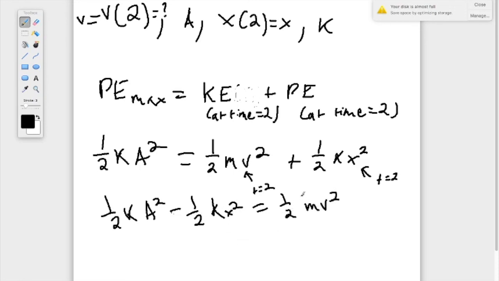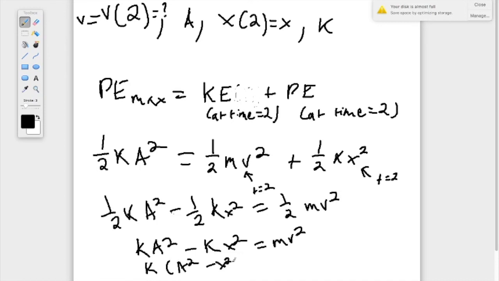We can cancel out the 1/2, so we get k A squared minus k x squared equals m v squared. And I'm going to factor out the k, so we get A squared minus x squared times k equals m v squared.